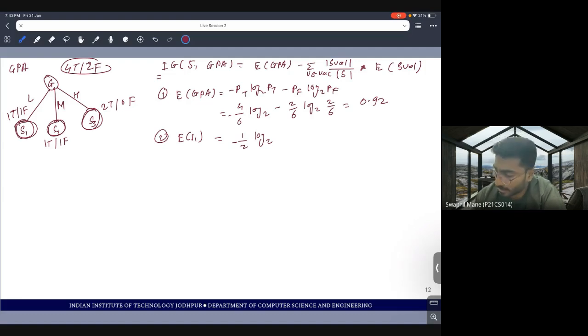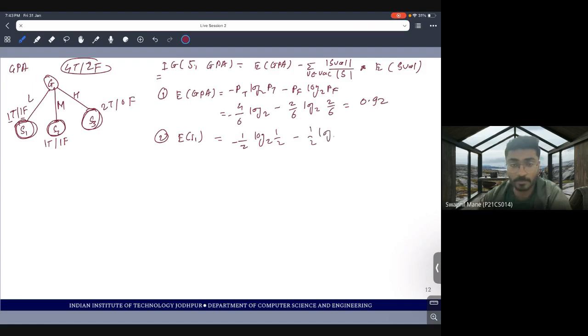Then for the entropy of S1, for each split, we have two values: one F and one T. So it is 1 divided by 2 log base 2 of 1 divided by 2, minus 1 divided by 2 log 2 of 1 divided by 2.